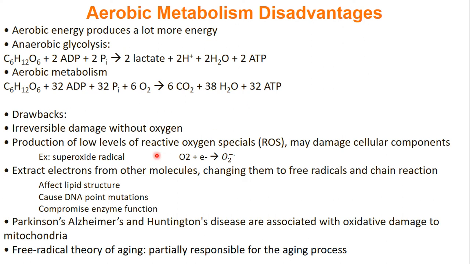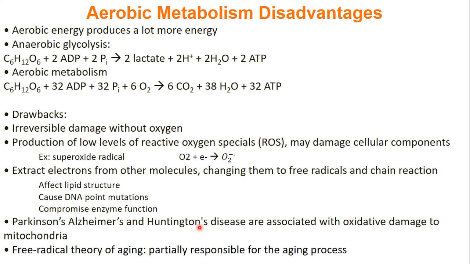Also, during this, you will produce reactive oxygen species, that is oxygen with a free radical, superoxide radicals. These will go and damage different cellular components. You can also take electrons from other molecules by accident, changing them to free radicals and starting this big old chain reaction. So your lipids can be affected, your DNA can be affected, enzymes can be affected, all by these free radicals.